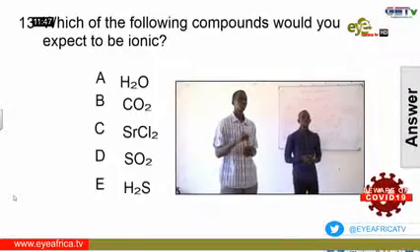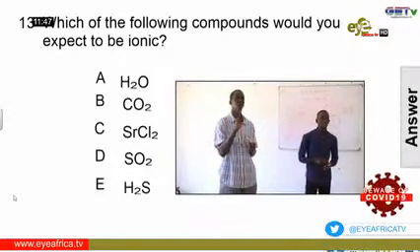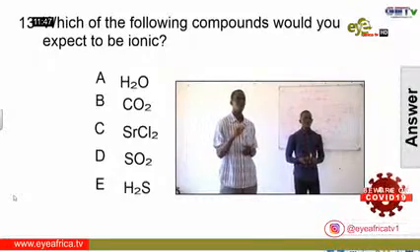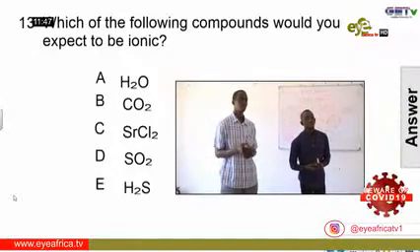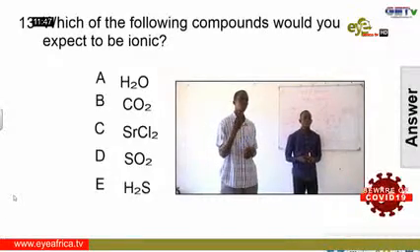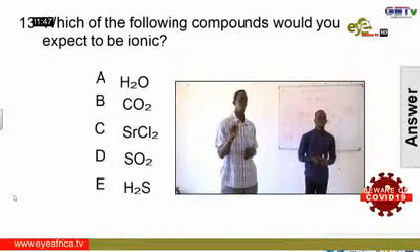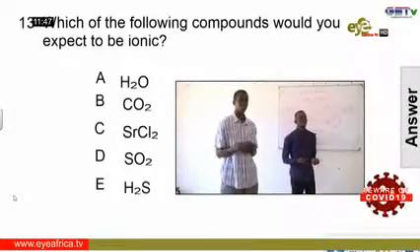Which of the following compounds would you expect to be ionic? A, water. B, CO2. C, strontium chloride. D, sulfur oxide. And E, hydrogen sulfide. So the correct option here is C.